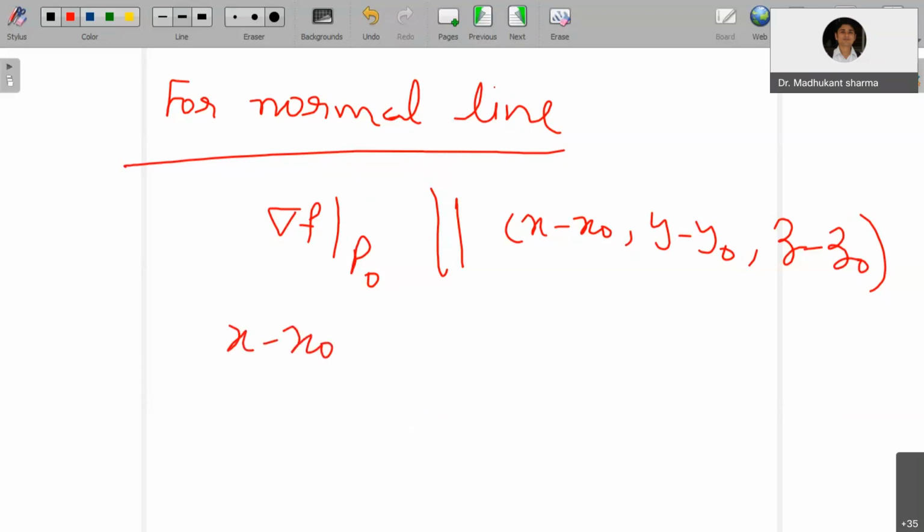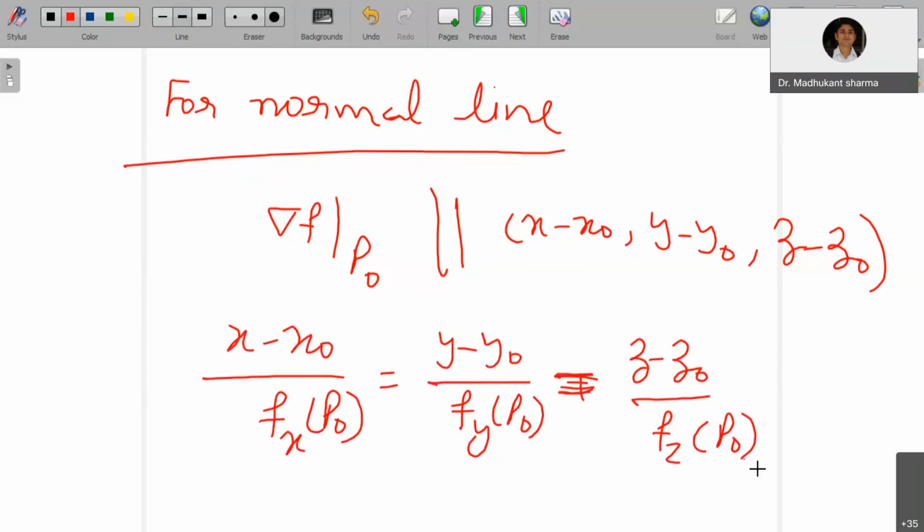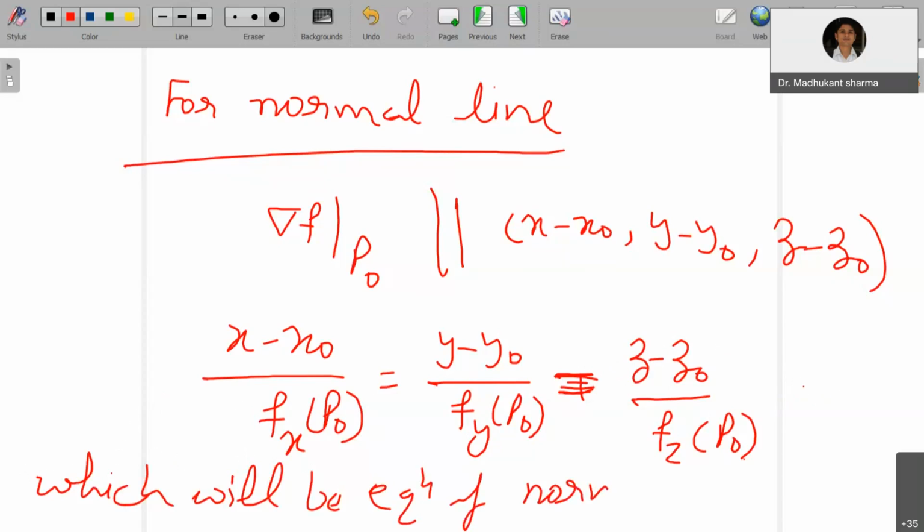So what it means is you have the equation of the normal line: x minus x naught divided by fx at p naught equals y minus y naught divided by fy at p naught equals z minus z naught divided by fz at p naught. So this will give you the equation of the normal line.